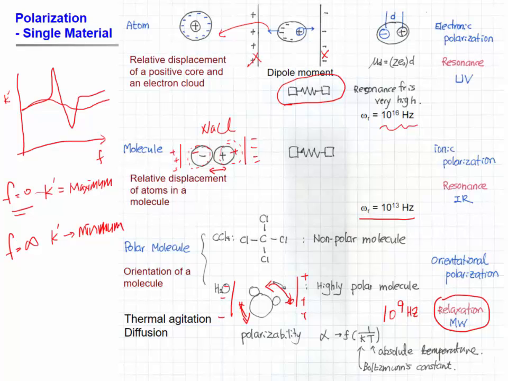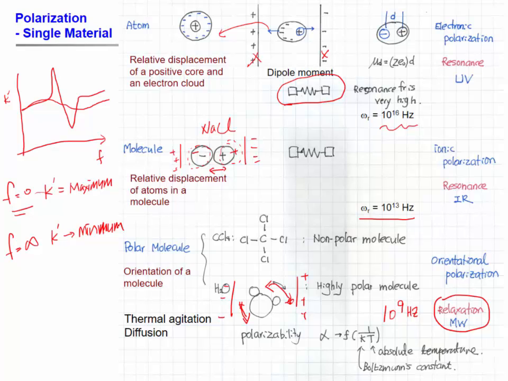And what is the minimum value of the relative permittivity? What could it be? Electron cloud. So we've been looking at the electronic polarization. Here we are looking at the polarization of the electron cloud, right? What's smaller than that? Then it's just free space, right?